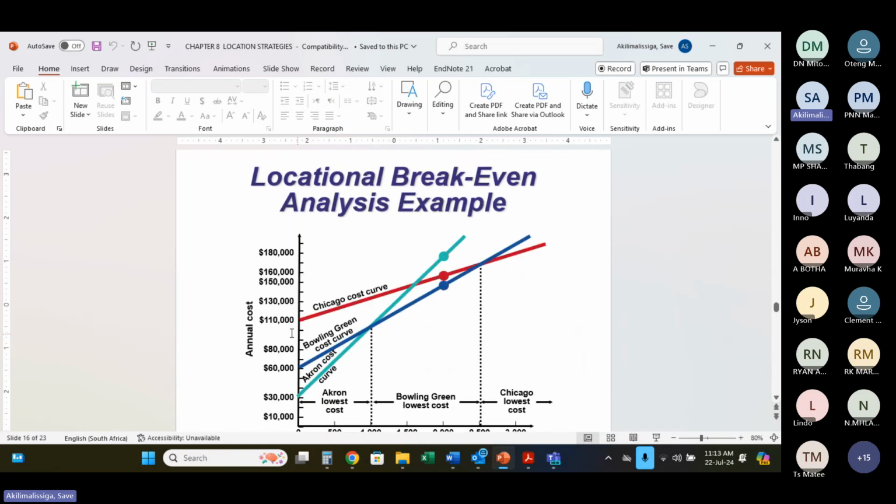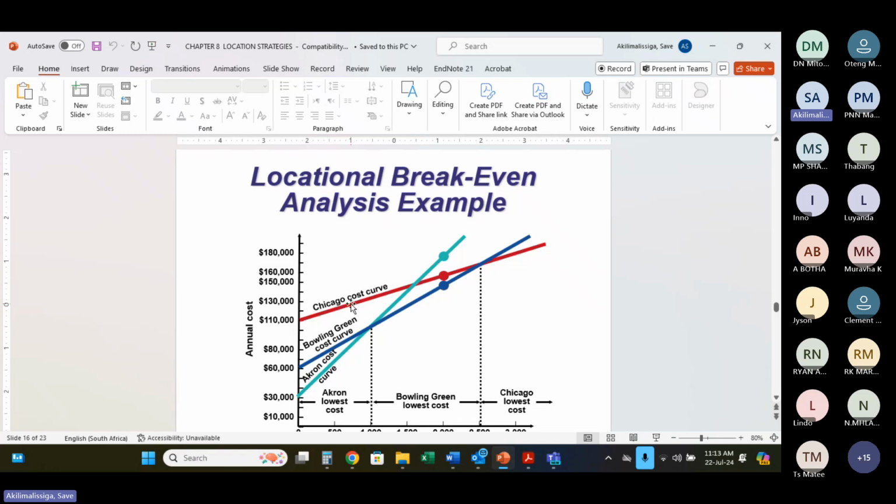So 110,000 is here. And you know that line must pass through this point here. So that is going to pass through here. And then now you have the equation for the cost line for Chicago. So that is basically how you proceed with it.